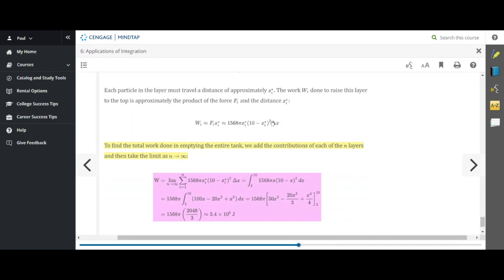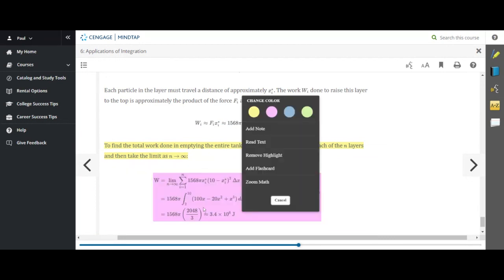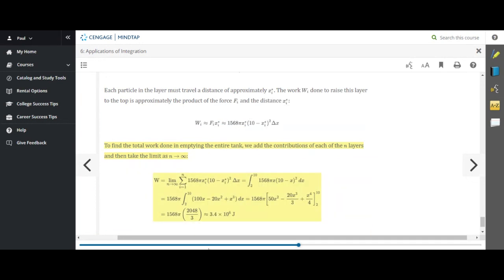The work needed would be the sum of all the little pieces of work, the Riemann sum of all the little w sub i's, as n goes to infinity. As n goes to infinity, the Riemann sum becomes an integral.